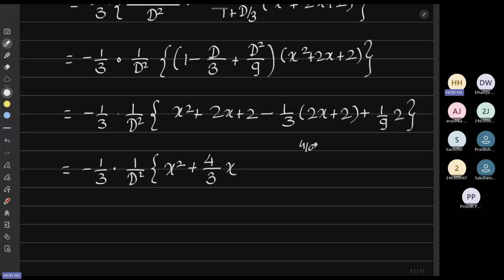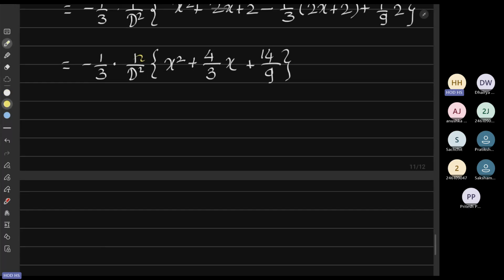So 4 by 3 plus 2 by 9 will be, not 10, it should be multiplied by 3, so it is 14 by 9.